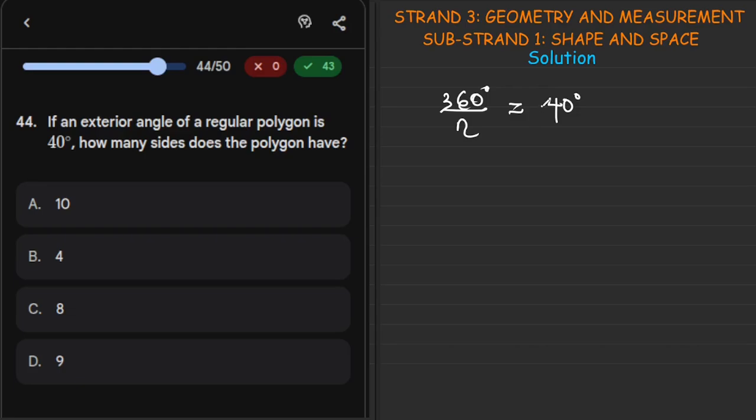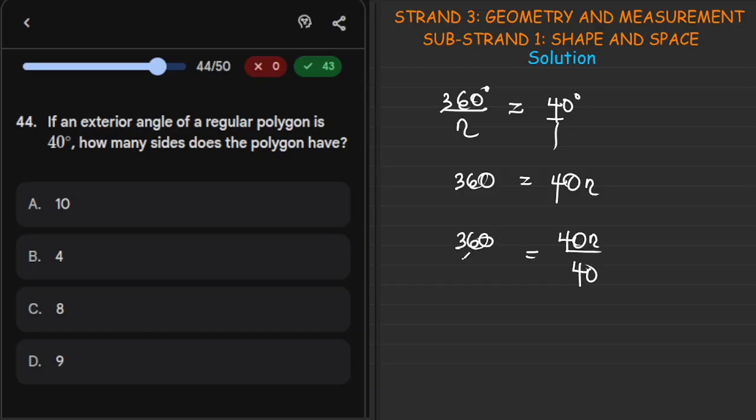And it's all about making n the subject. So cross multiplying, we have 360 times 1, which remains 360. Then we have 40 times n. Since it is n we want, all we do is divide both sides by 40.